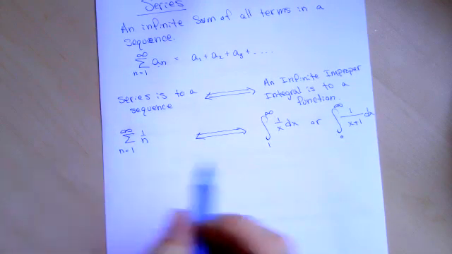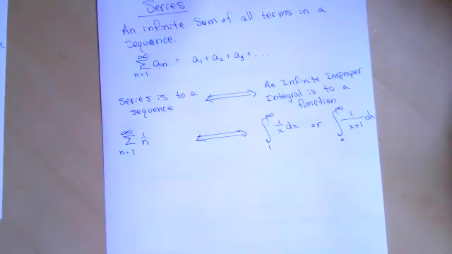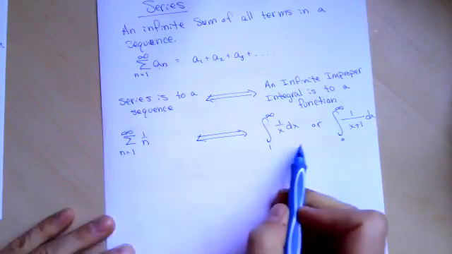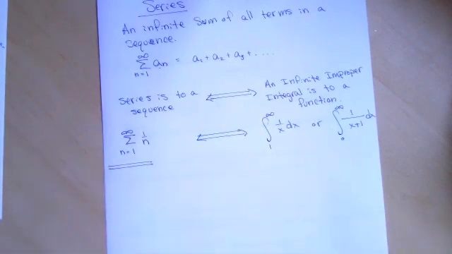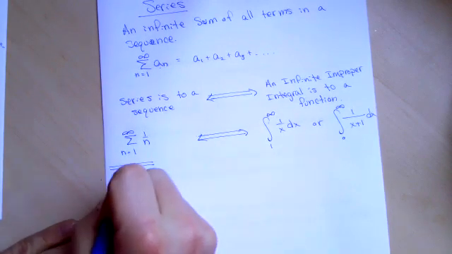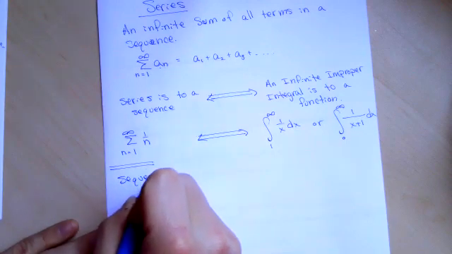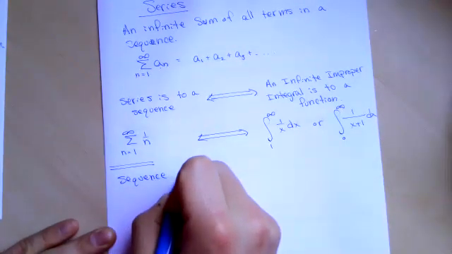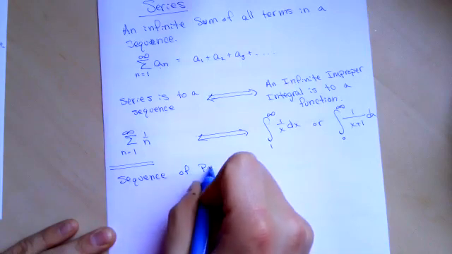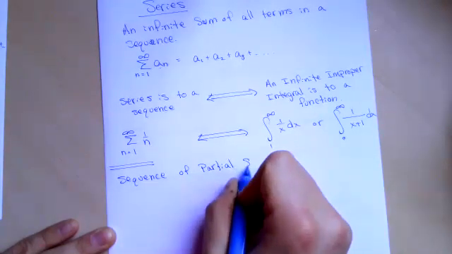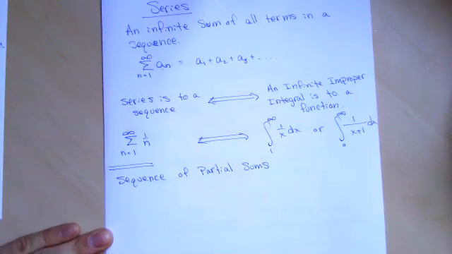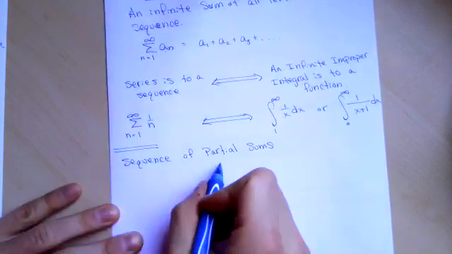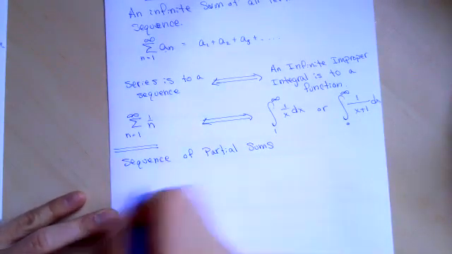For now, let's introduce how we're going to study these and some basic examples of how we can get convergence out of them. And moreover, what does convergence even mean? We talk about convergence by what we call the sequence of partial sums. What do we mean by that?